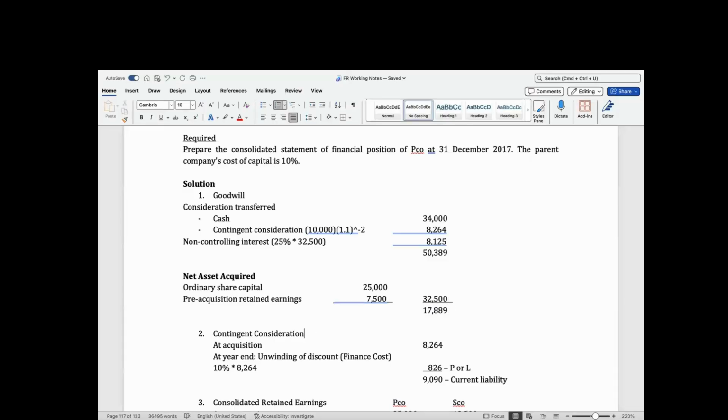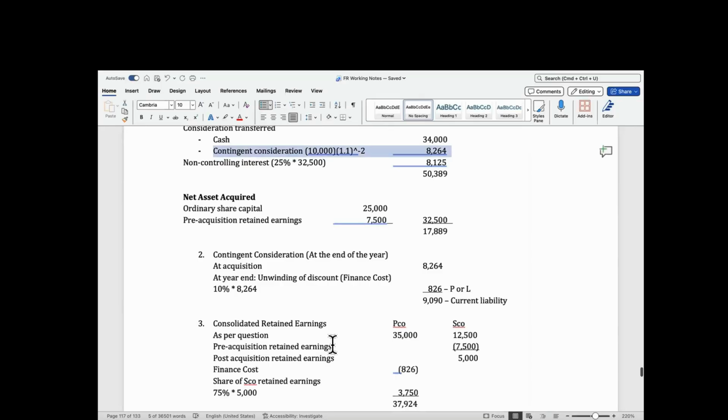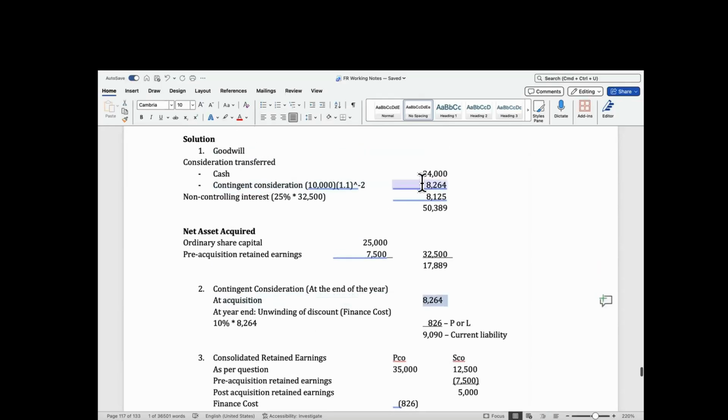At the end of the year, the contingent consideration would increase because since we got its present value, at the end of each year, we'll be unwinding the discounts because of time value of money. And since this was done at the date of acquisition, at the end of the year, the value at acquisition is this 8264, which is this value we got here.